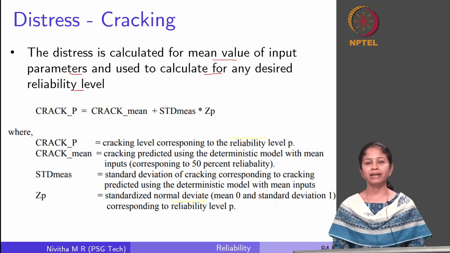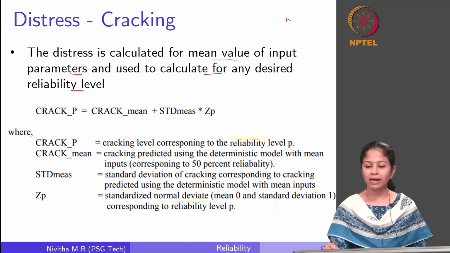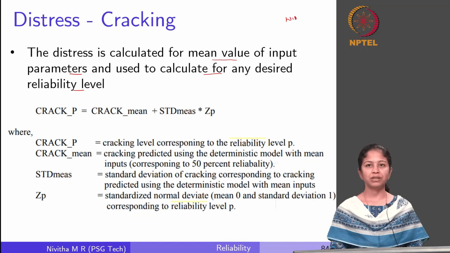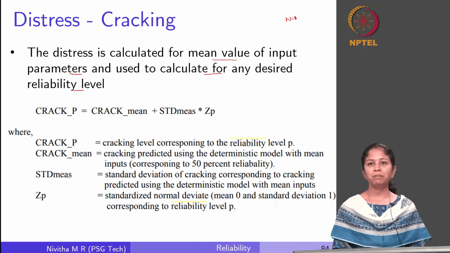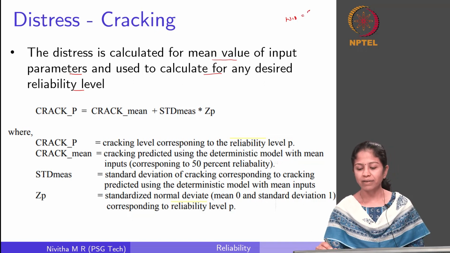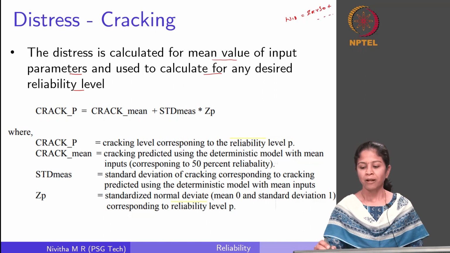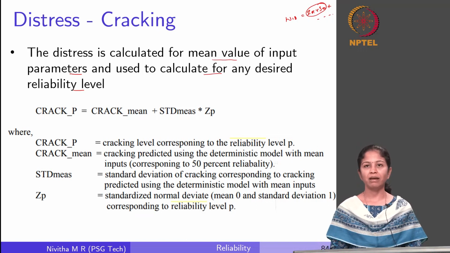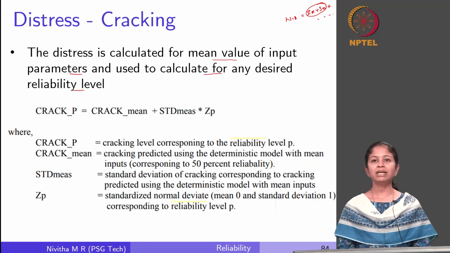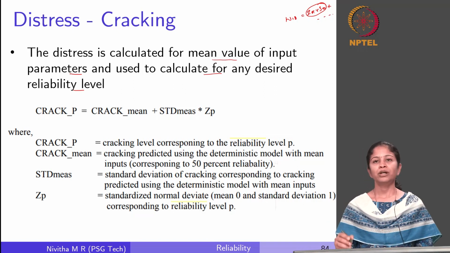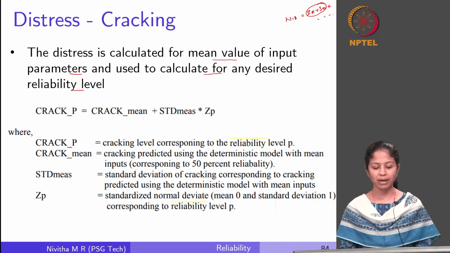Even in AASHTO 1993, if you recollect, we calculated W18, we had the equation for 50% reliability level, and then we did a ZR into S0 plus all the other terms. So this was to convert that from 50% reliability into any desired reliability level. A similar exercise is carried out here also to take into account the required reliability level.